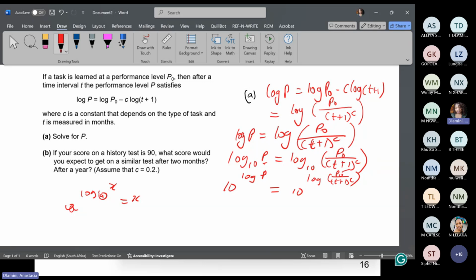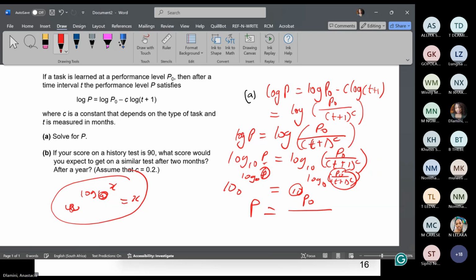You're not dropping the log, you are applying the law. Since you're applying that law, this 10 and that 10 are the same. So you remain with p0 over t plus 1c.